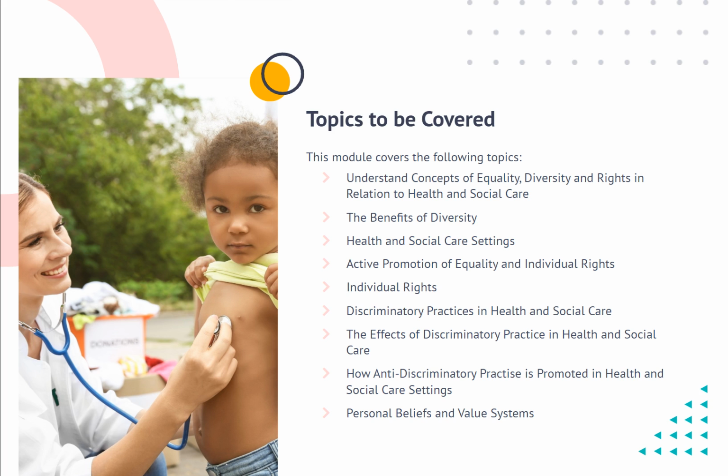Individual rights. Discriminatory practices in health and social care. The effects of discriminatory practice in health and social care. How anti-discriminatory practice is promoted in health and social care settings. Personal beliefs and value systems.